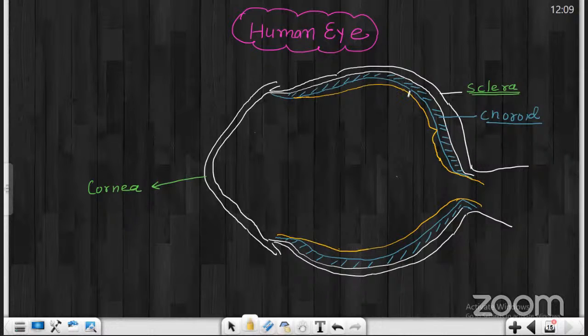So this is the third layer, retina. Outermost layer sclera, middle layer choroid, innermost layer retina.